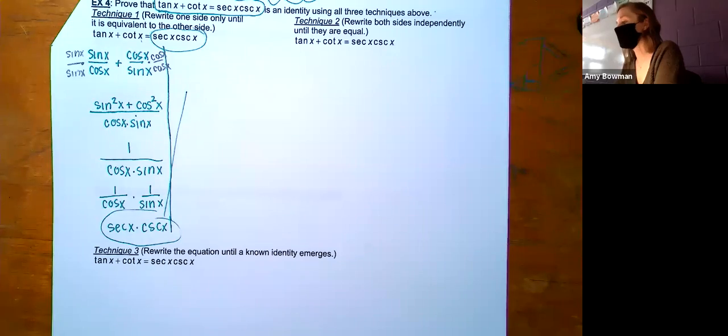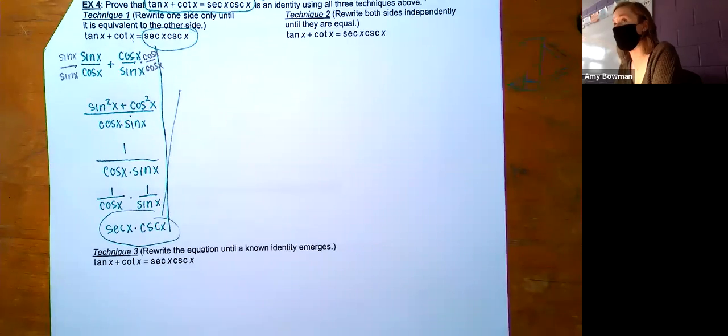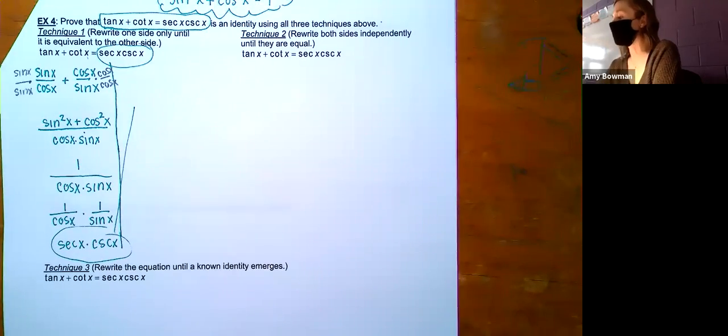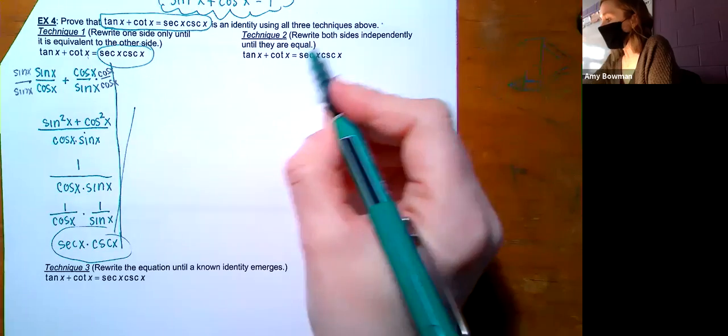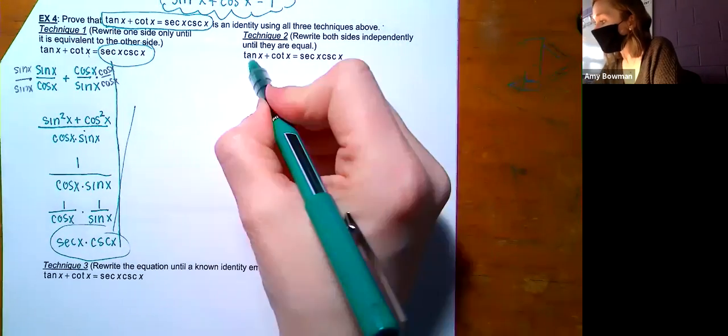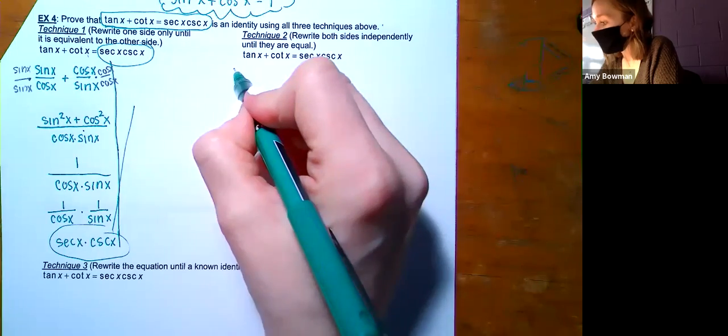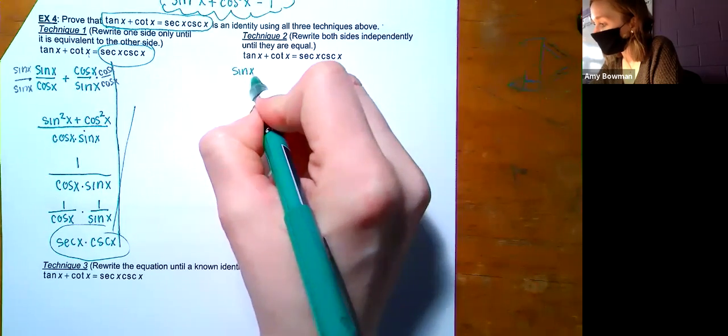Let's do the same exact problem, but I'm going to do my favorite method, which is technique 2, rewrite both sides together, and then they'll meet in the middle. So I'm going to start in the same way. The first step, always, rewrite everything in terms of sines and cosines, right? So instead of tangent of x, I'm writing sine of x over cosine of x.